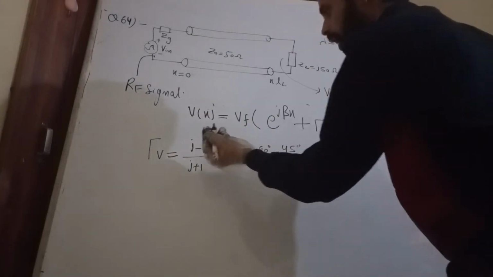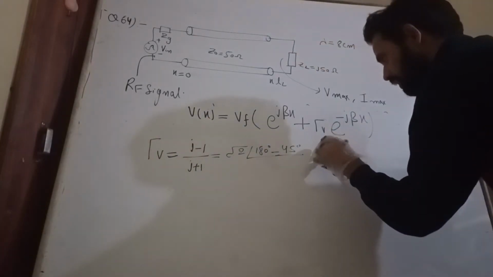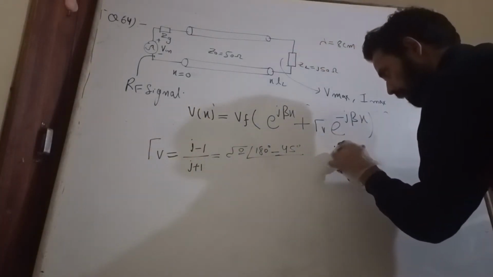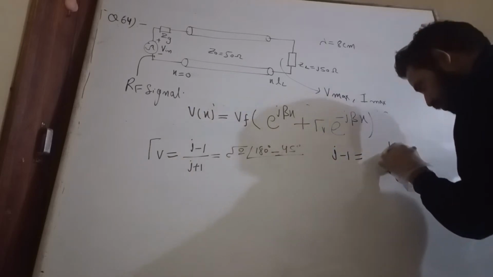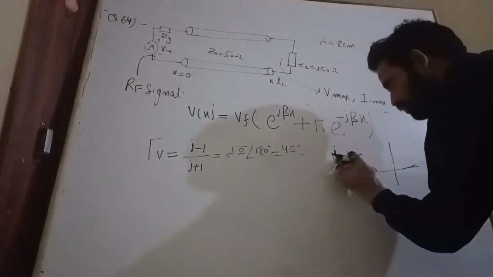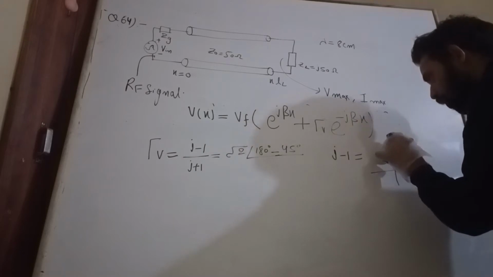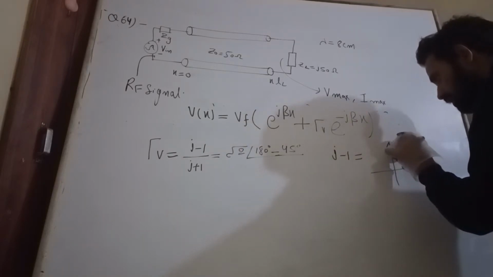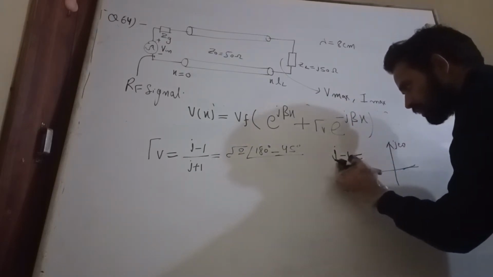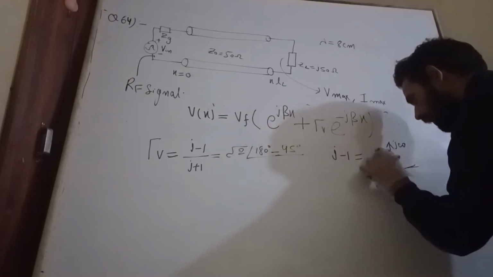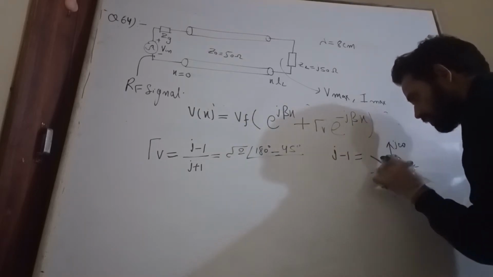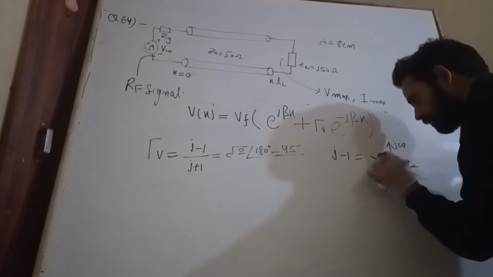So how can we calculate this? Let us see here. For j minus 1, the imaginary part is a positive quantity and the real part is negative. So the angle is somewhere in the second quadrant.